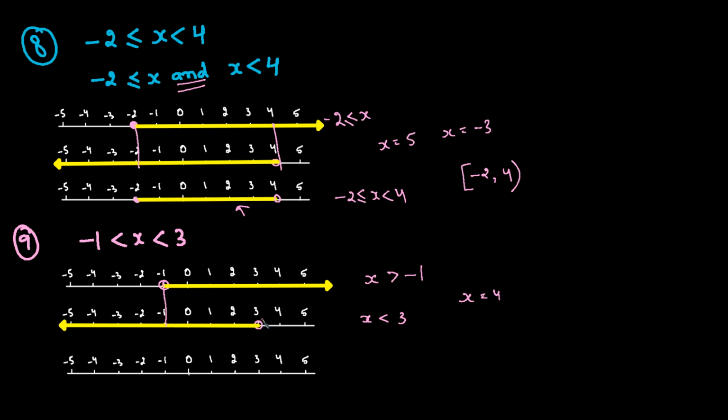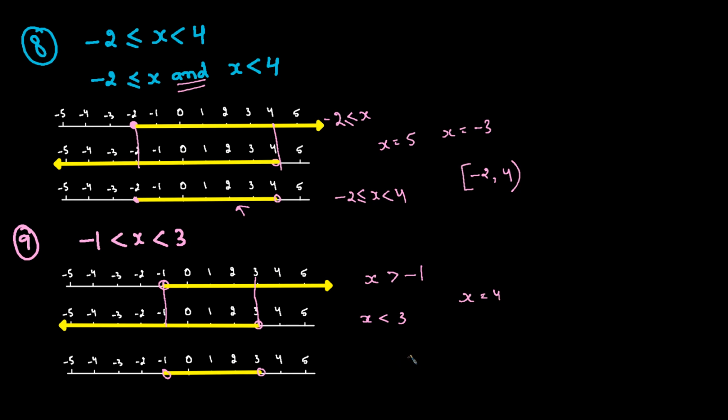Okay, so let's show that on the number line how we can do it. So -1 and 3, and again both are without the equal sign, so both circles are open circles. So these 2 points are not included.